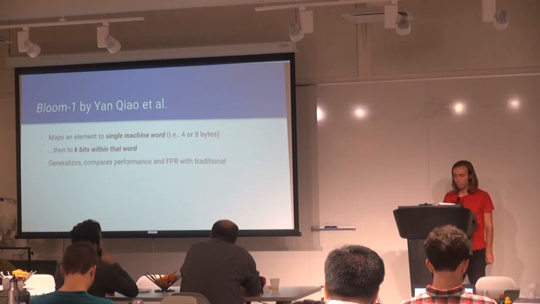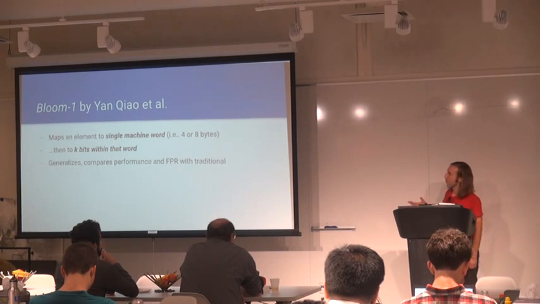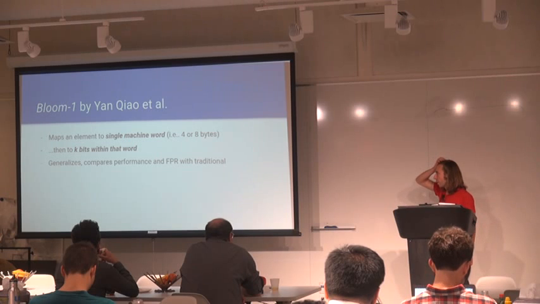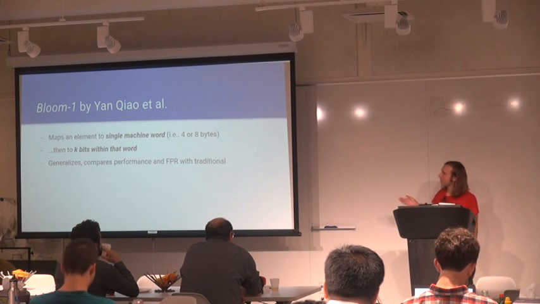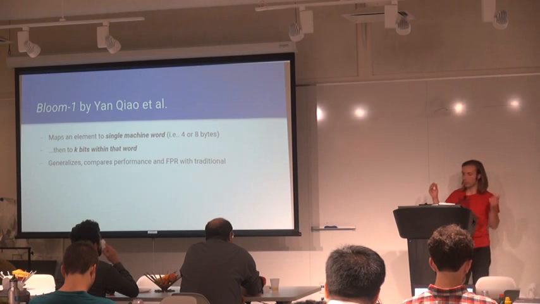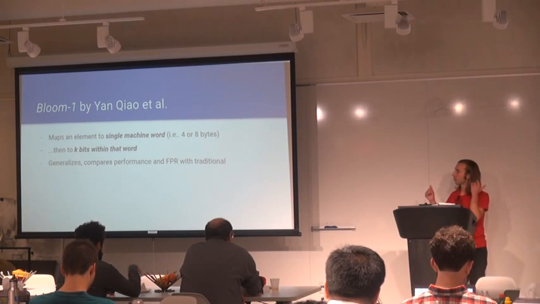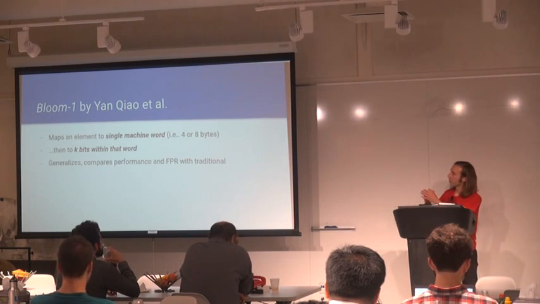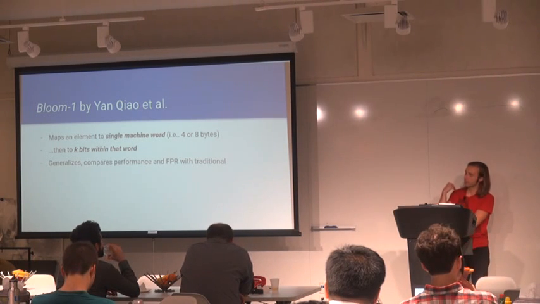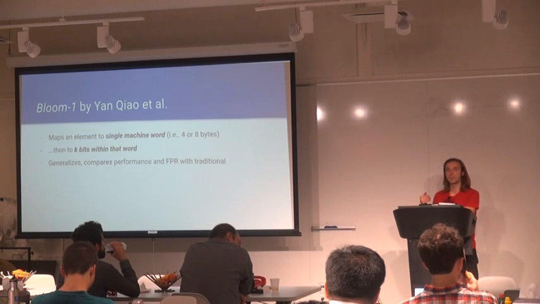And the most important reason why I chose this is that when we're concurrently inserting elements, if we only have to go to a single machine word, it lets us determine if the insert was successful or not.